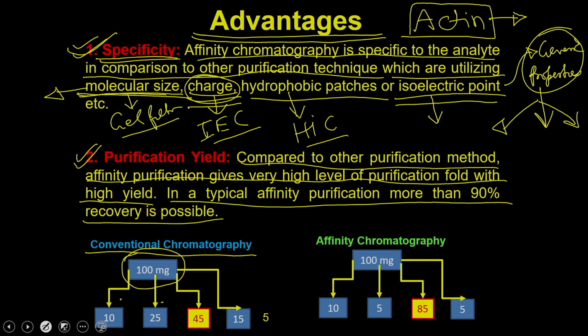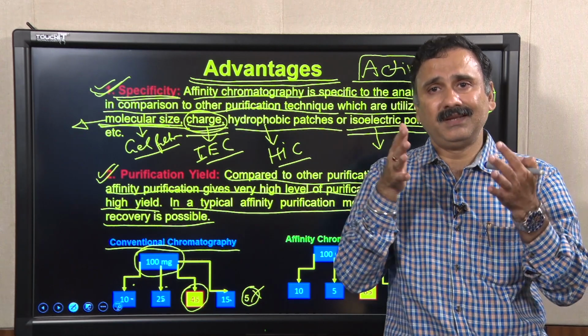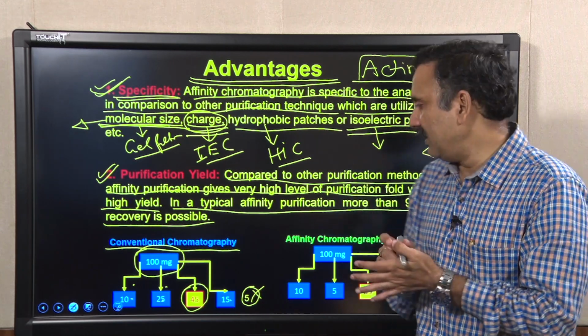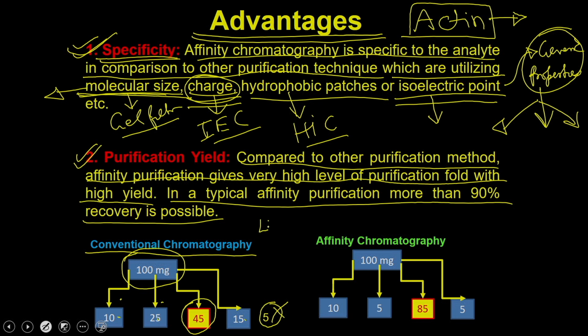These fractions contain different proteins, and your protein is present in different fractions too. Suppose you have 10 mg, 25 mg, 45 mg and 15 mg of protein; if you add all these, you will see a loss of 5 mg protein which is not accounted for. Suppose the 45 mg fraction is your purified fraction, where your desirable protein is present in a single band and is 100% pure. Then the purification yield in this case is 45 divided by 100, which is only 45% or 0.45.